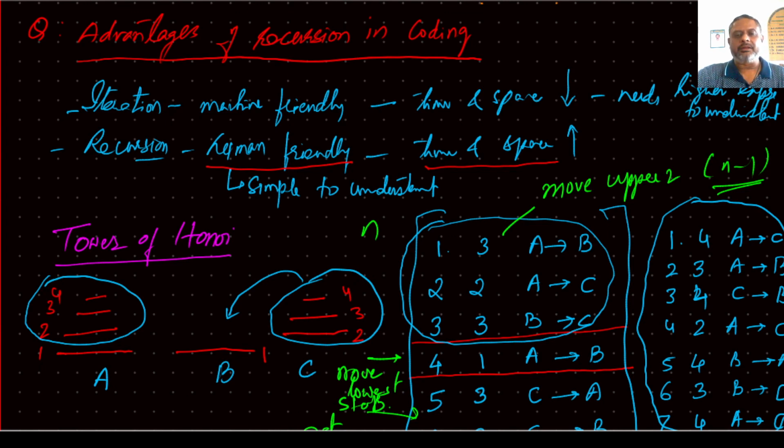But if you can implement through iteration, then it is recommended not to go for recursion, because it's going to have a lot of overhead in both time as well as space. It's going to be highly time consuming and highly space consuming. So we need to avoid recursion as far as possible.